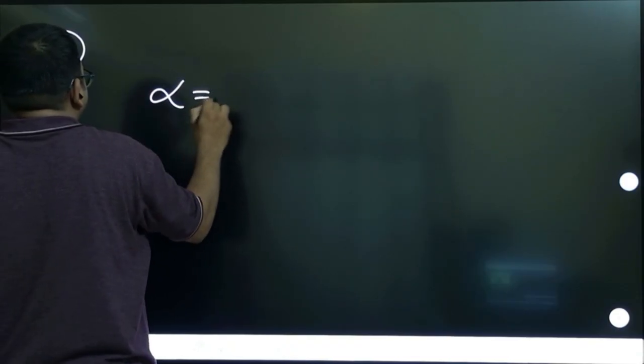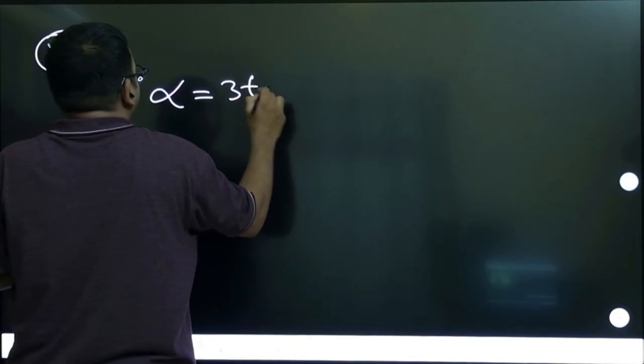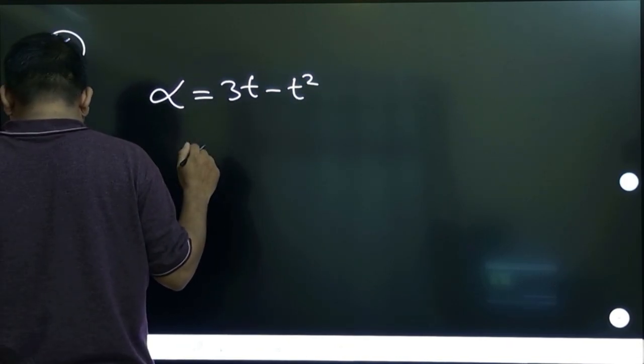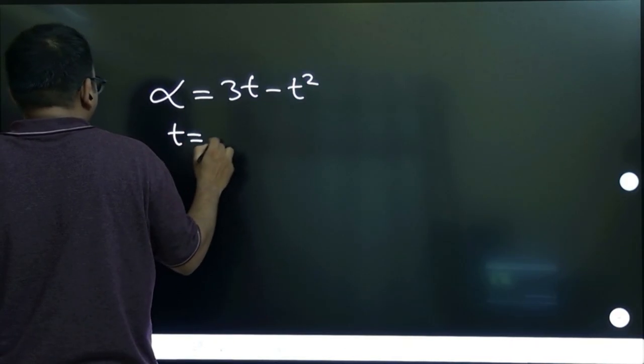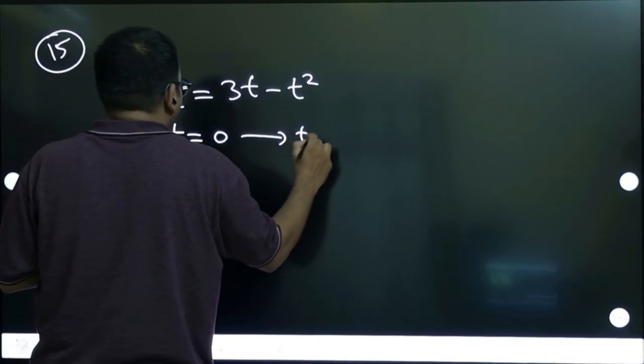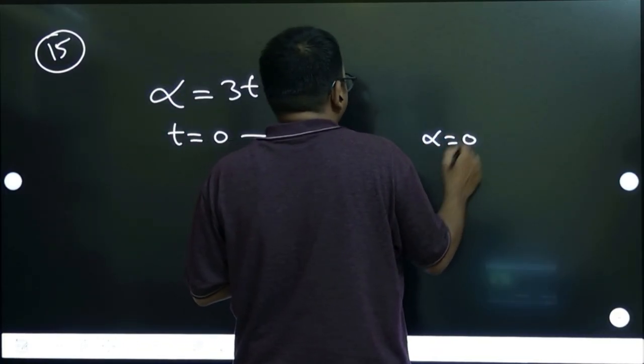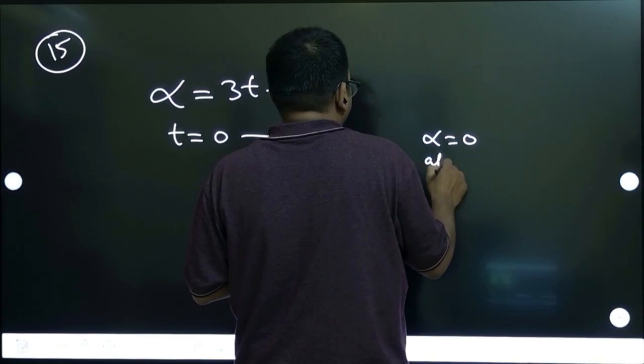So alpha, angular acceleration, is given as 3t minus t square. Alpha is changing with time during the first 2 seconds, so that means this acceleration alpha is from 0 to 2 seconds only. After 2 seconds, alpha becomes 0.